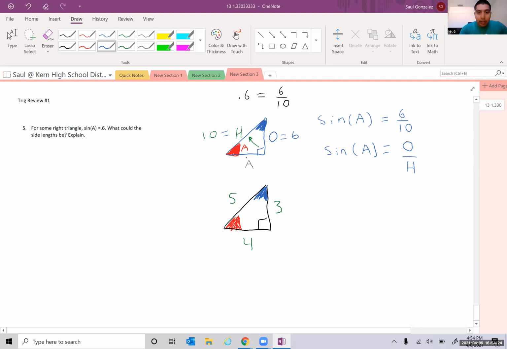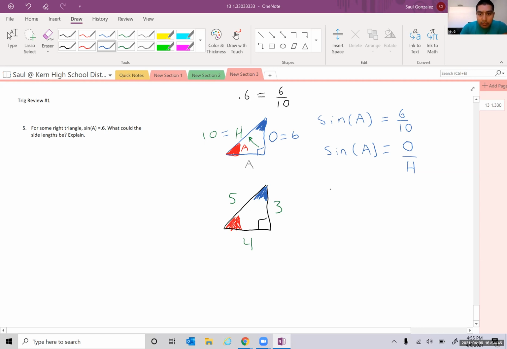Now, if we scale it, this 3 to 6, 5 to 10. So what number would give us from 3 to 6 and 5 to 10? What's 2, right?